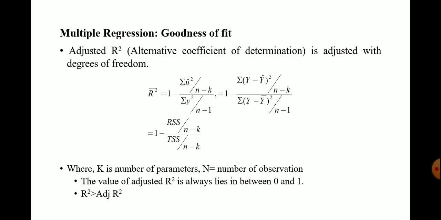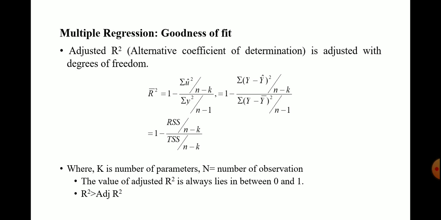Then we have seen the assumptions of OLS, the properties of OLS, the normality and the test for normality, and testing the precision or accuracy of an estimator. Then we did hypothesis testing, especially the t-test and f-test, and the p-value approach.